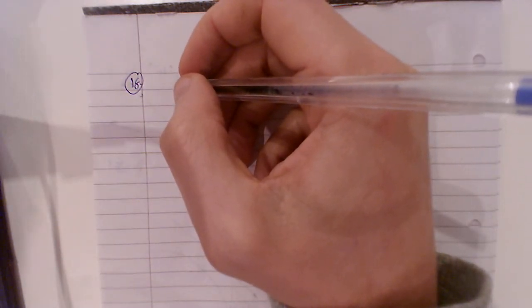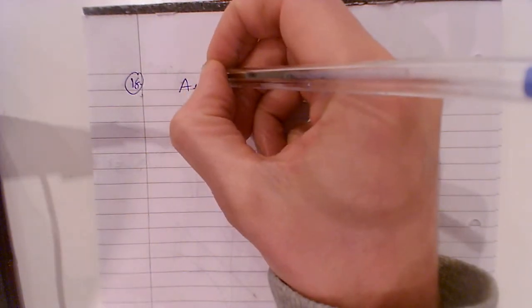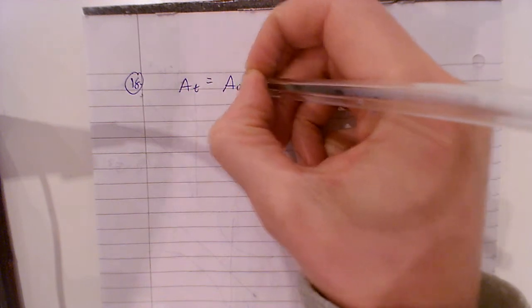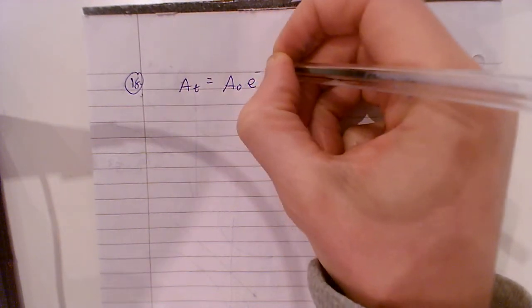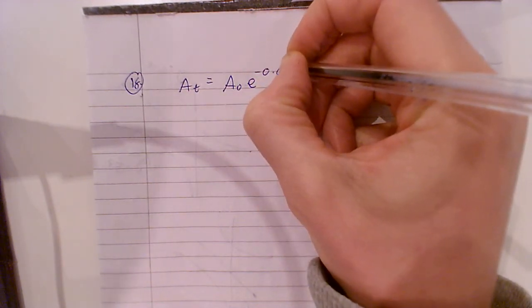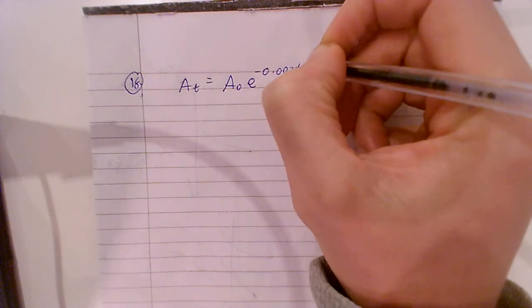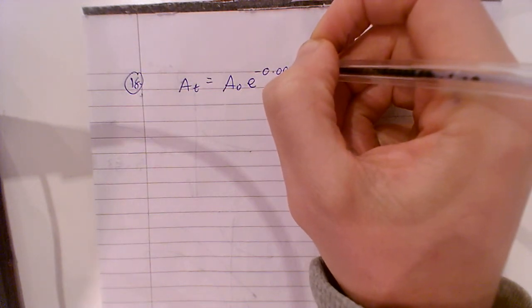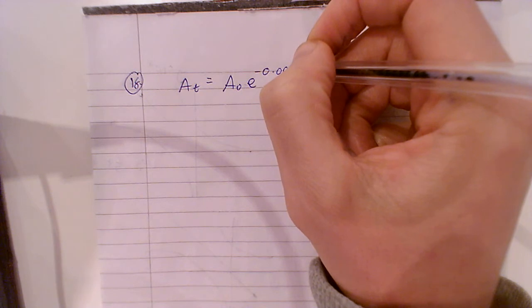The amount of a certain radioactive substance remaining after t years decreases according to the formula A(t) equals A0 e to the minus 0.002t.